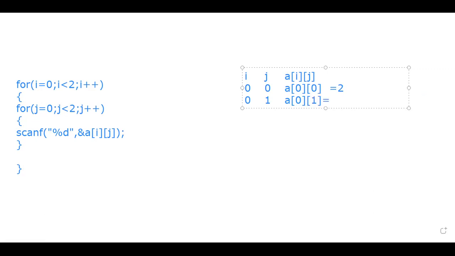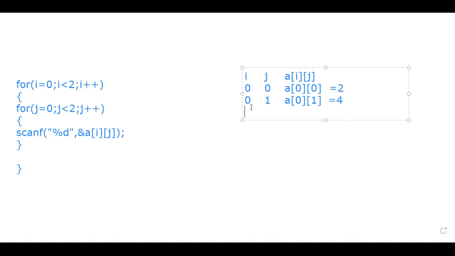So a of 0, 1 means 0 row and the second column, the second element of the matrix. I will say, for example, 4. Now a of 0, 1 is over, because we said j less than 2, so up to 1 only.